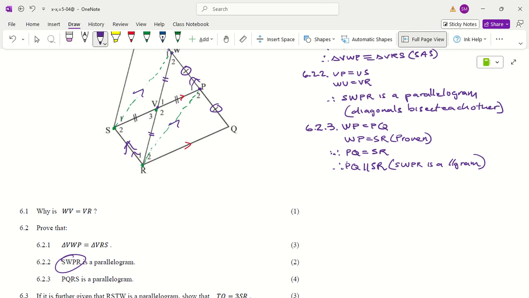We've proven that this is a parallelogram, right? And this is proven.